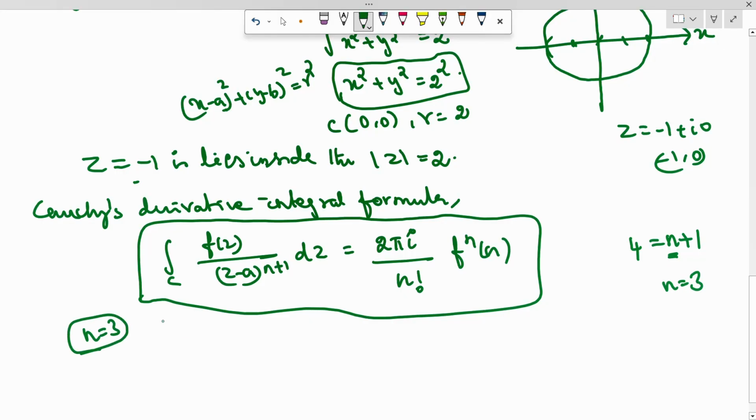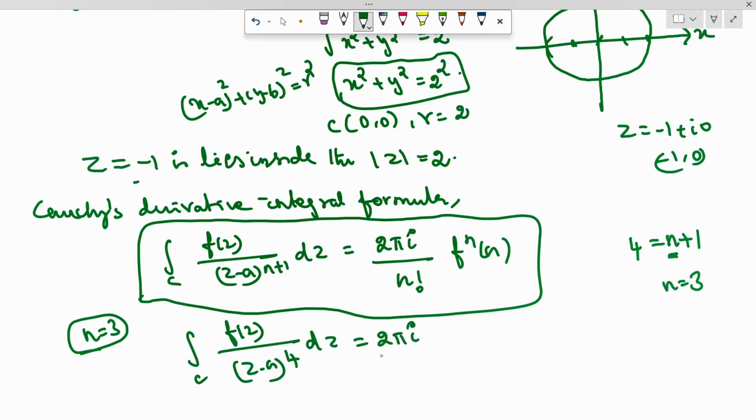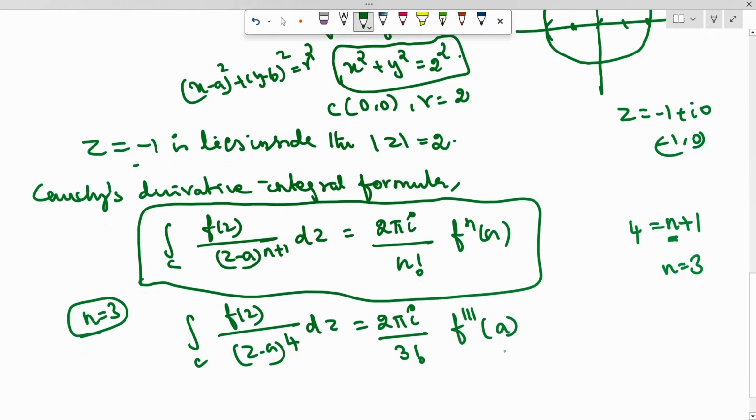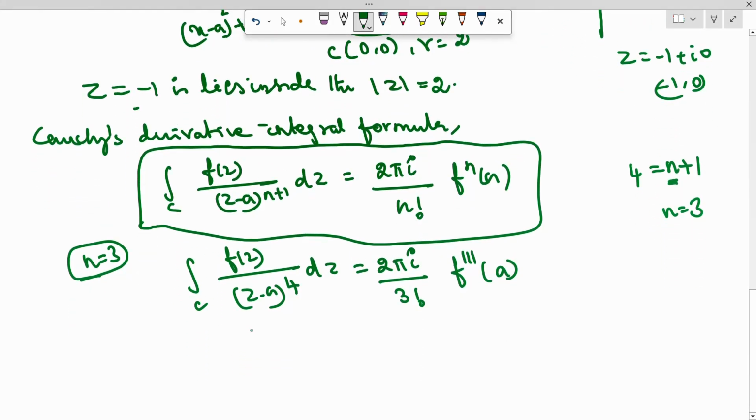If you put n is equal to 3 in this formula, we will get the third order derivative formula: integral over c f of z by (z minus a) whole power 4 dz is equal to 2 pi i by n factorial. What is n here? n is 3. 3 factorial f power n, the third derivative of a, which is Cauchy's third derivative integral formula.